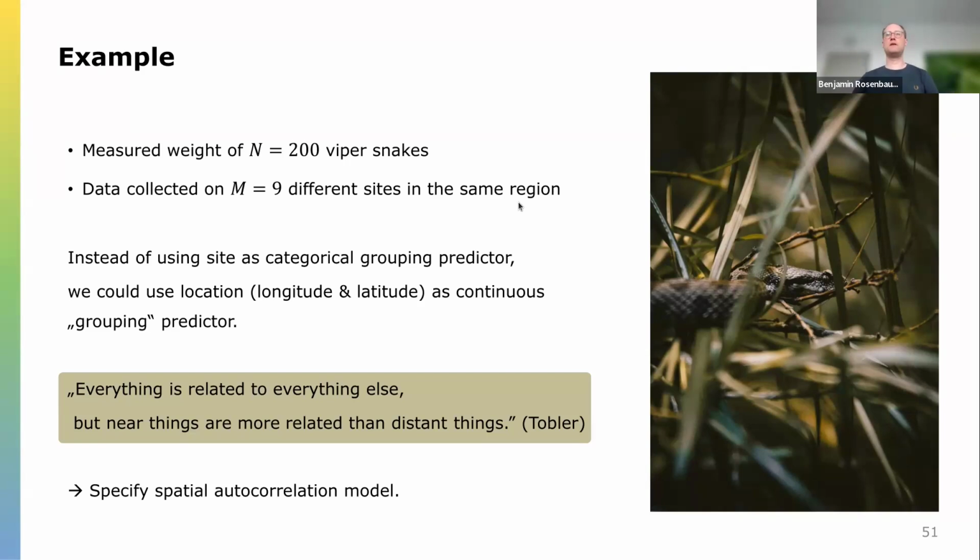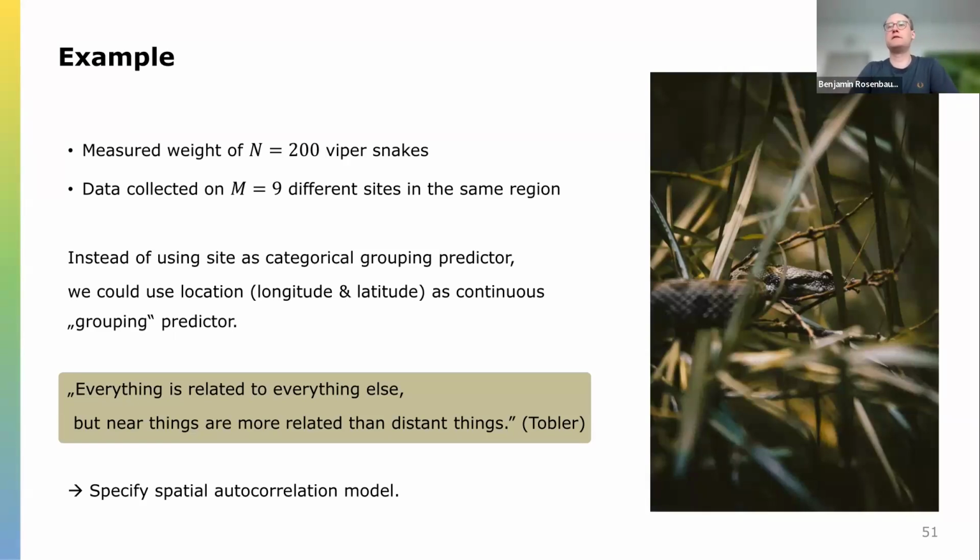So think of the same data set again, but instead of having different sites, we now want to include the actual longitude and latitude as a kind of grouping predictor. I mean, there are no actual groups, there's just a continuum in space. And how can we do this?